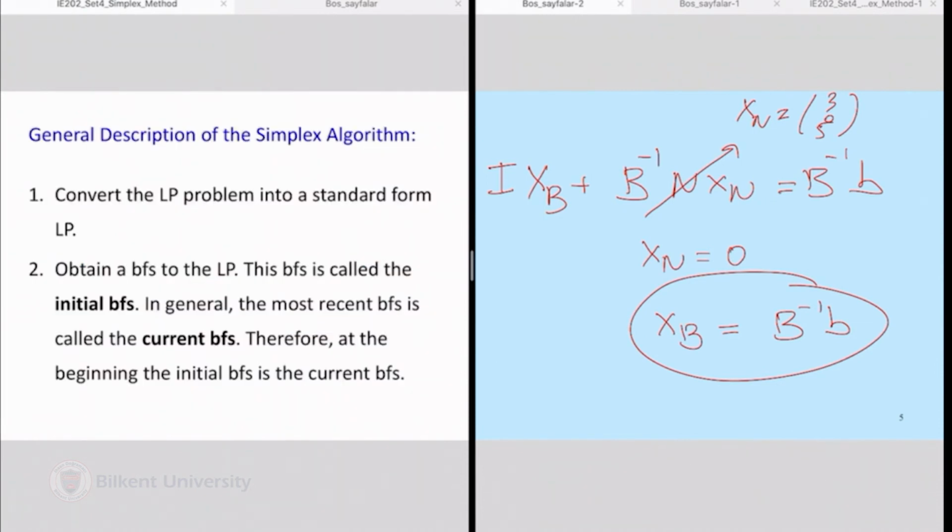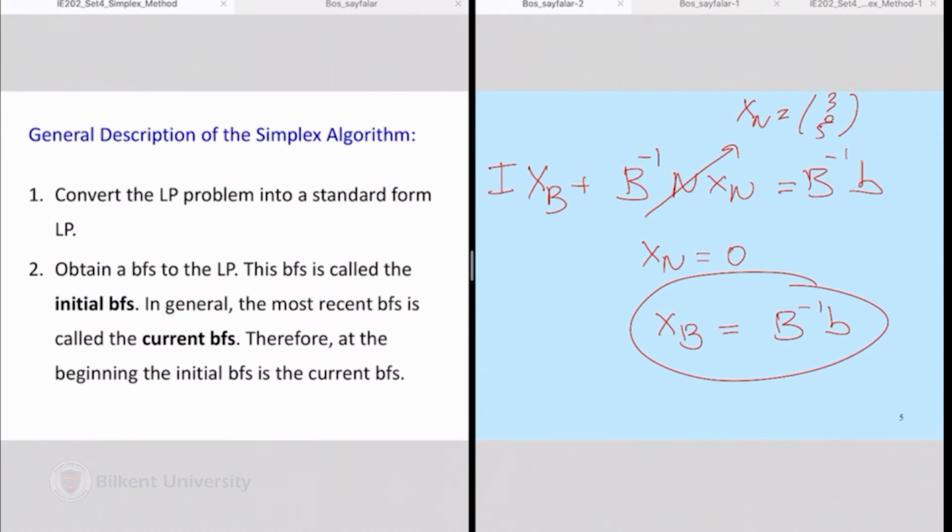So the general description: I translate everything to the standard form, without loss of generality. Somehow I get an initial basic feasible solution. We're going to be cheating a little bit. It will be very obvious in the beginning, and then we'll talk about how to do that in general. As soon as I have a basic feasible solution, I will ask, can I improve it?